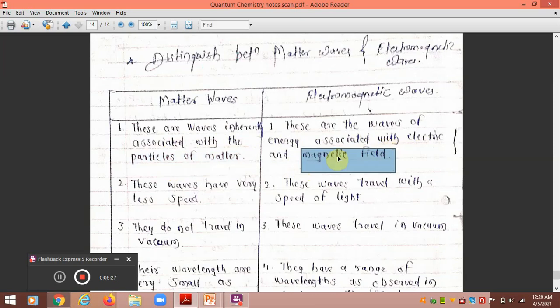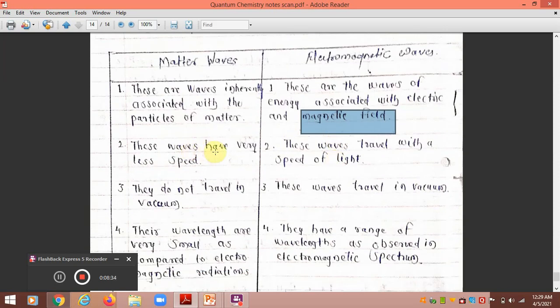Again, matter waves have very low speed. If you compare the speed, then the speed of matter waves is very low or negligible, while electromagnetic radiations travel with the speed of light, that is 3 × 10^8 meters per second. Again, matter waves do not travel in a vacuum.